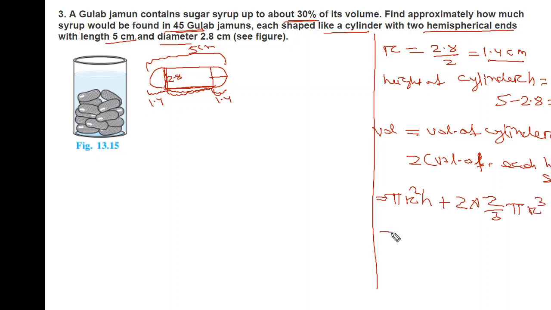Now it will be equal to, here pi r square h, you have the value of r, it is 1.4.